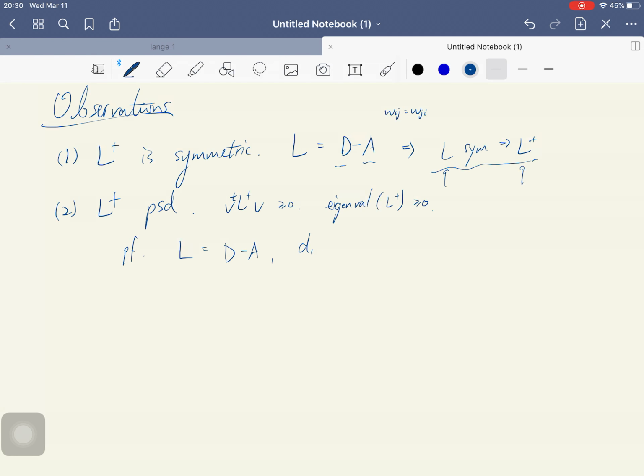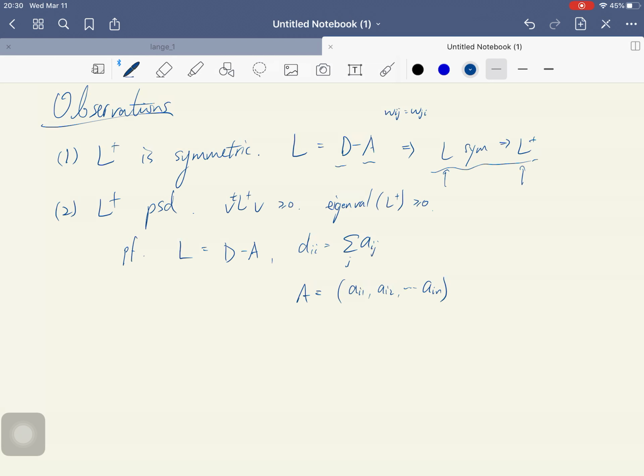And D_i is equal to the sum of a_ij over all j, right? And what is A? If we look at the ith row, this is equal to a_i1, a_i2, and so on up to a_iN.